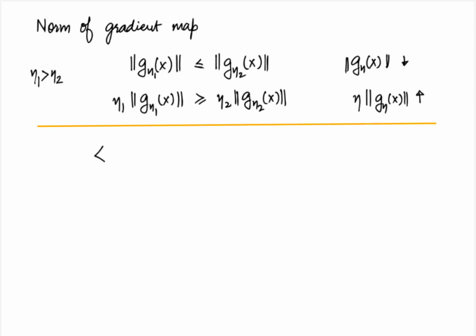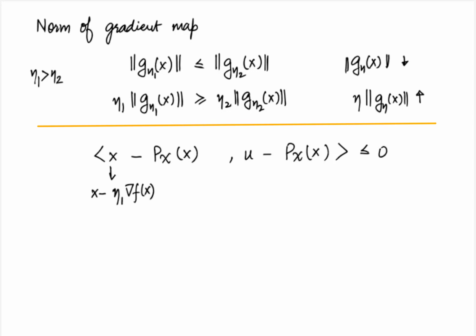We begin again with the angle property, which says that the inner product of (x minus P_X(x)) with (u minus P_X(x)) is less than or equal to 0. Now we replace x with x minus eta 1 gradient f(x). Also we replace u with P_X(x minus eta 2 gradient f(x)).